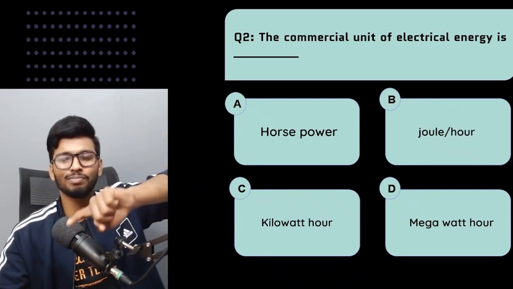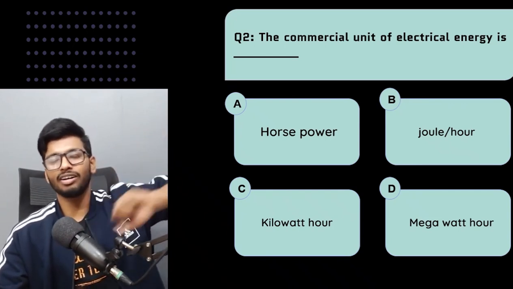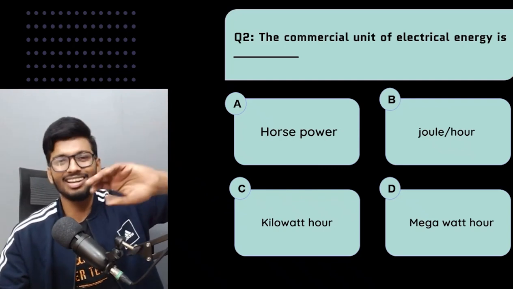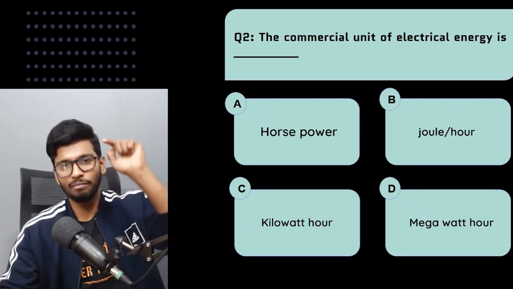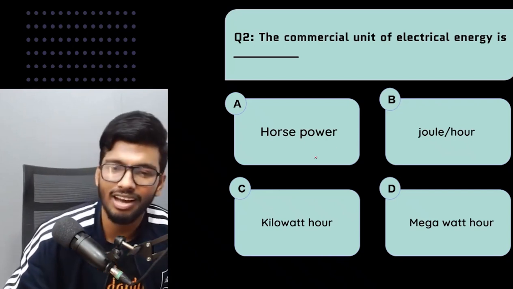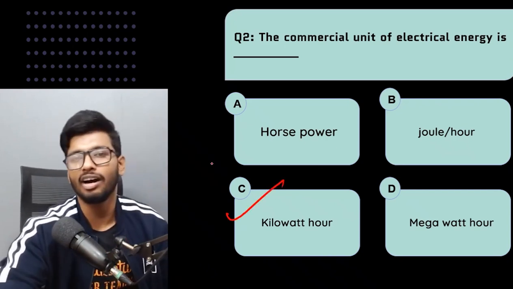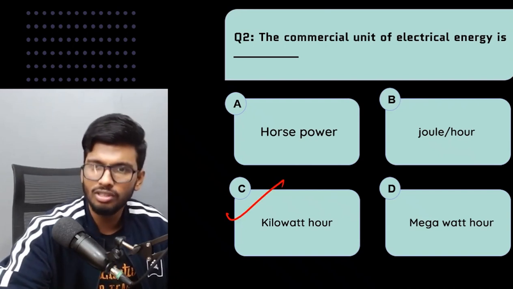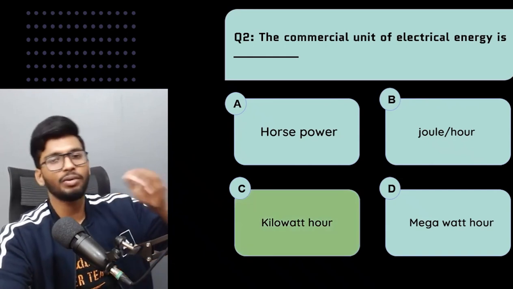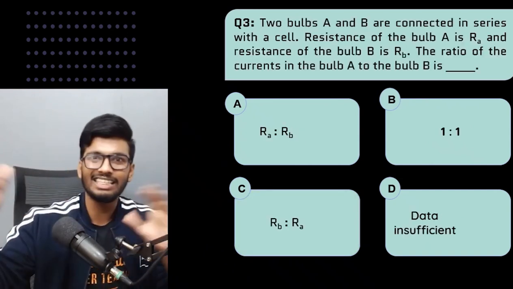I'll answer the question in 5, 4, 3, 2, 1. If you guys need more time, pause and then give the answer. The answer is, guys, kilowatt hour. The SI unit of energy is nothing but joules, but the commercial unit of electrical energy would be kilowatt hour, because it's easier to measure it like that.